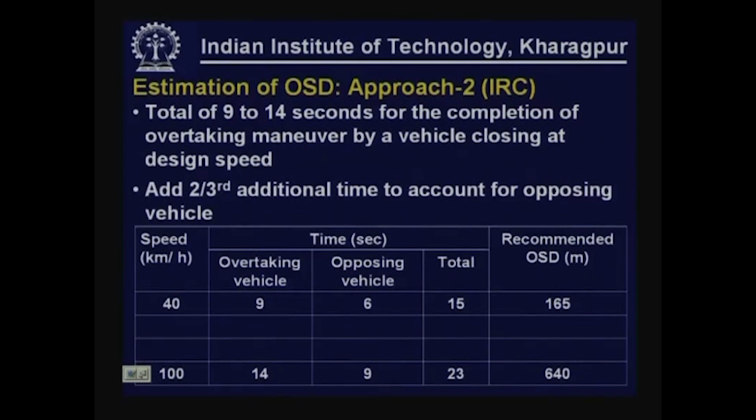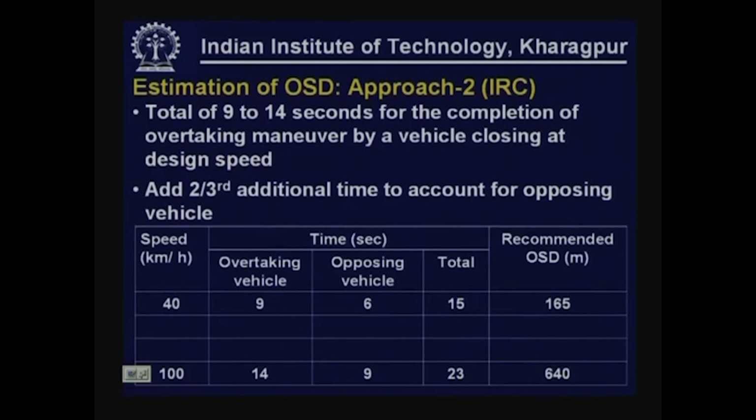Say for 100 km per hour speed, the overtaking time is 14 seconds. So, in each case, 2/3 of this time is added to account for the vehicle from opposite direction. So, the total time is calculated.